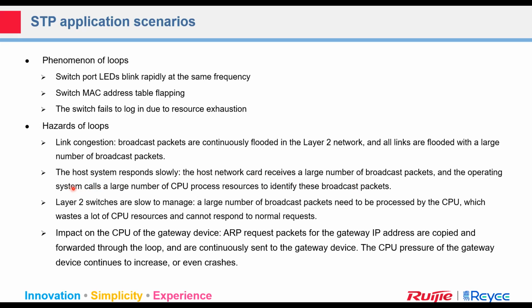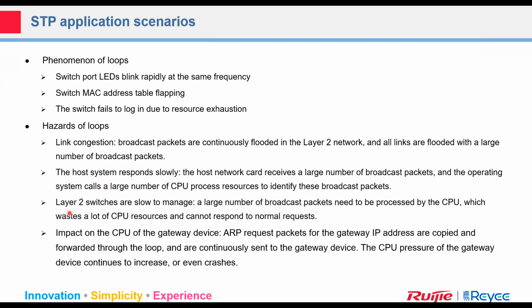And when this happens, the host or the switch will respond slowly because it is handling a large number of broadcast packets. So CPU resource will be used a lot, and that's why the whole system will be slow.